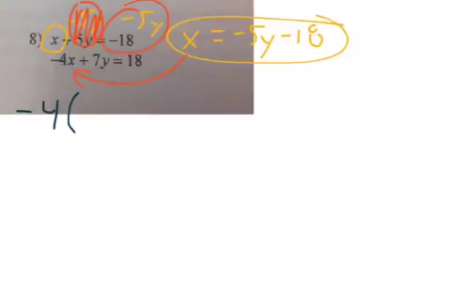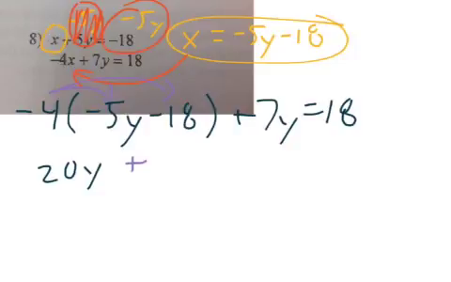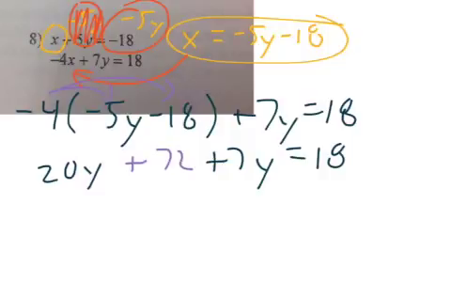Negative 4, x is now negative 5y minus 18, plus 7y equals 18. And of course, when I do the distributive property there, I get 20y, plus 72, plus 7y equals 18.